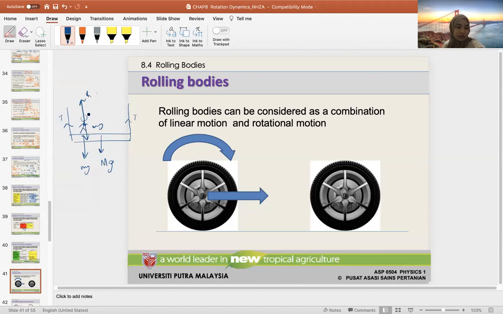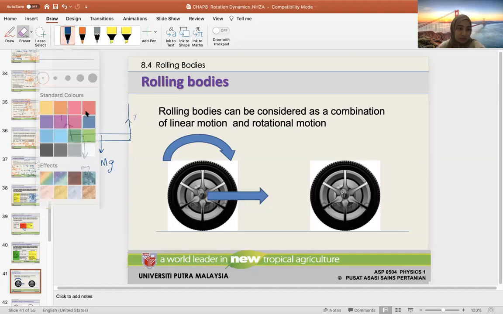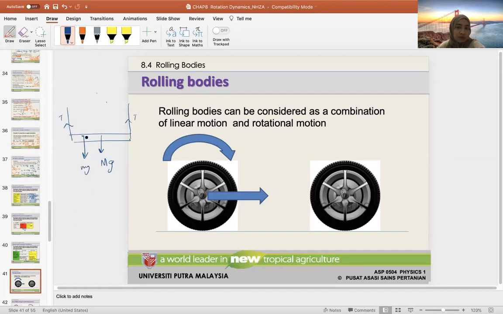So the guy becomes the load on the beam, whereas the reaction is from the free body diagram of this guy. So we don't care about his reaction. We just want the load on the beam because we are looking at the load on the beam to find out what is the torque on the beam. As for this guy, he can have whatever mg, tension, reaction, but he is not part of the system.